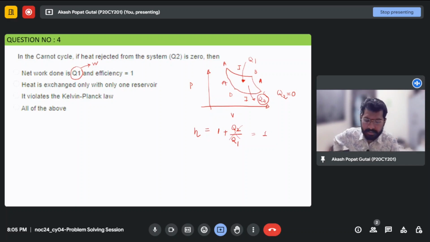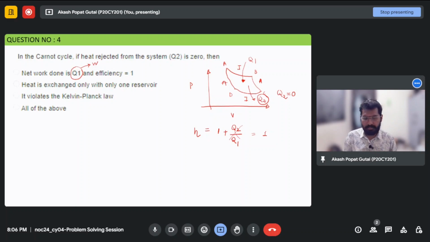The second statement: heat is exchanged with only one reservoir. We know the Kelvin-Planck statement, which defines that it is not possible to construct an engine which gets heat from only one source and rejects heat to that same source.